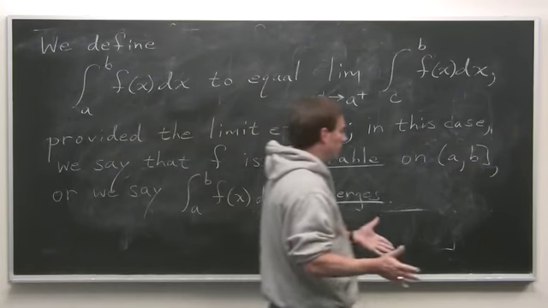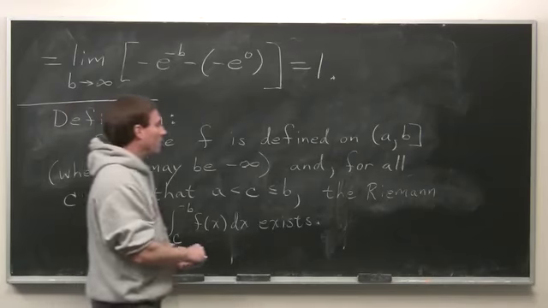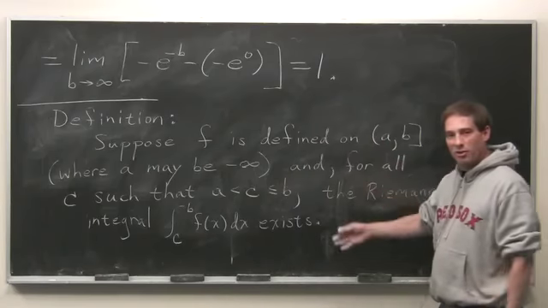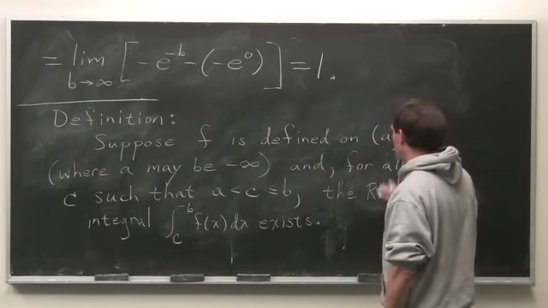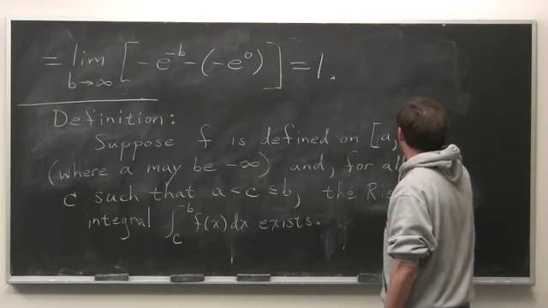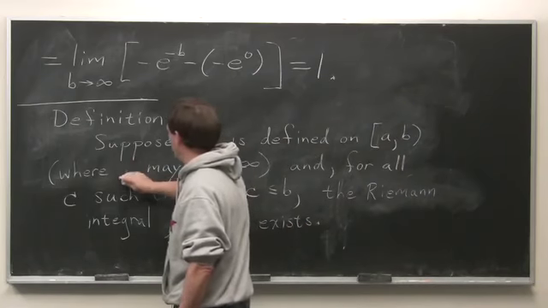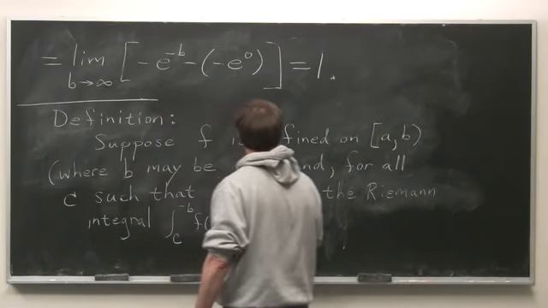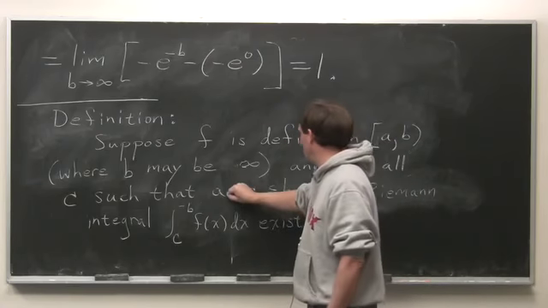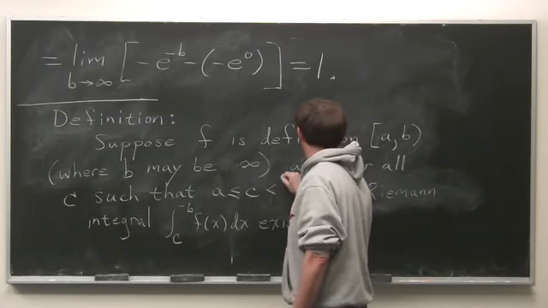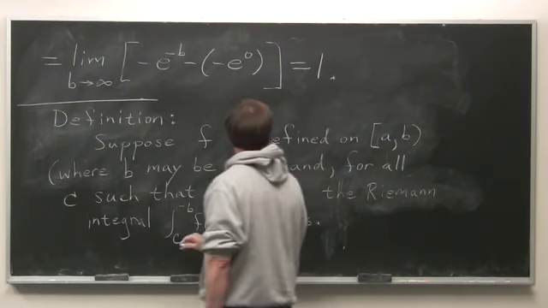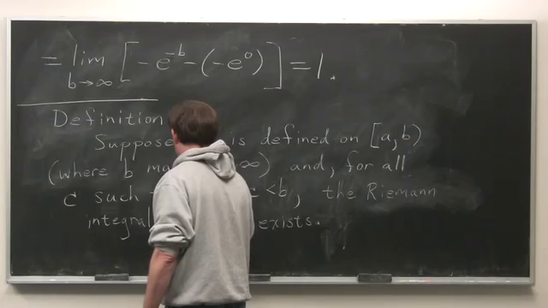What do you do on half-open intervals that go the other way? You make all the appropriate changes. I hope those are fairly obvious. If f is defined on this half-open interval, where b may be positive infinity now, as in our example, then for all c, we want the Riemann integral from a to c.